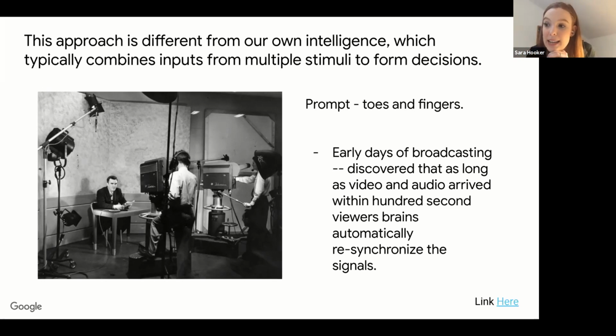It's also why in the early days of broadcasting, it was discovered that as long as video and audio arrived within a certain interval, viewers' brains automatically resynchronize the signals. And even now, unless that interval is passed, you will not notice the difference between a video lag and an audio lag, because your brain just waits for any signal in that interval and mushes them together.